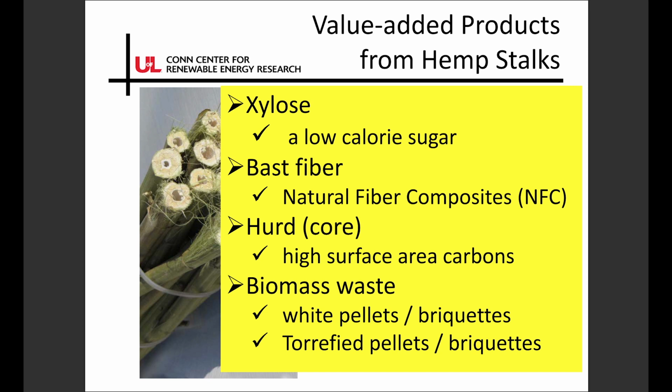Pound per pound, it can replace coal. It can supplement coal, it can go along with the coal, so that will be something the coal industry can use as well. These are the products we've been working on.